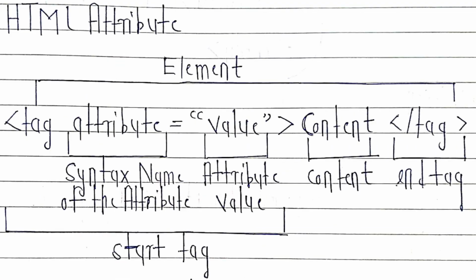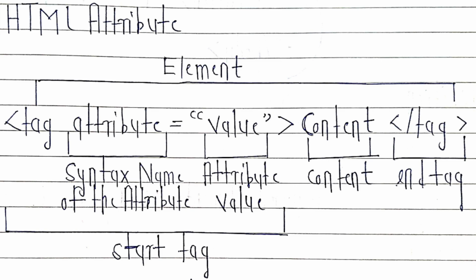Understanding an HTML element. Alright, let's start by looking at a basic HTML element. Here we have something like this. Now, let's break this down. The whole thing is called an HTML element. It starts with a start tag.